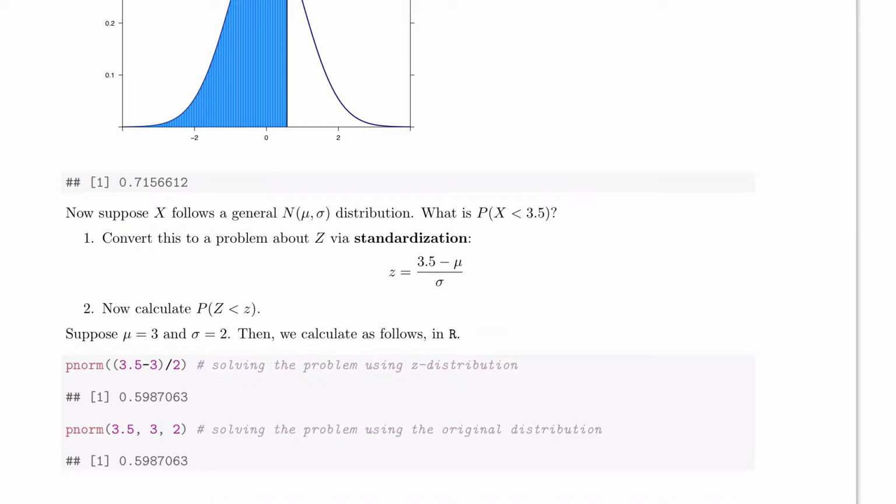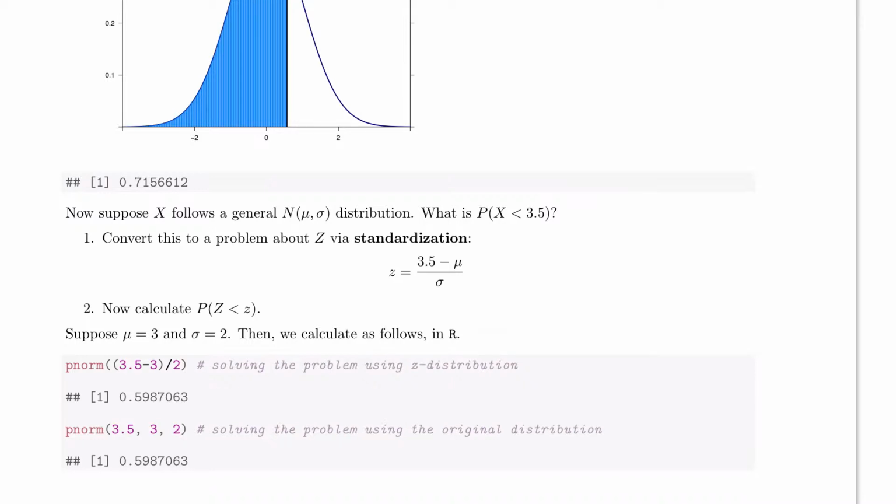Okay, so to calculate the probability that x is less than 3.5 here, we are simply converting that 3.5 into a z-score by subtracting away the mean, dividing by the standard deviation, and then, just making some assumptions to give us some concrete numbers to pop in. We can then pop in that new z-score into R to get our values.